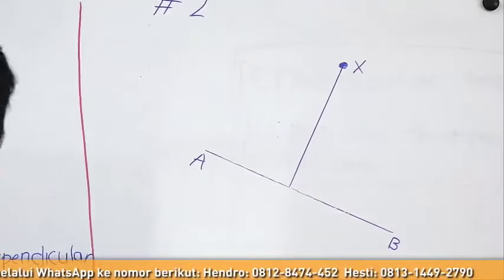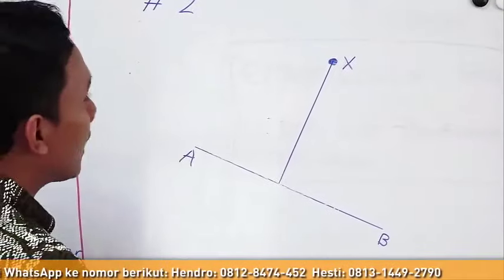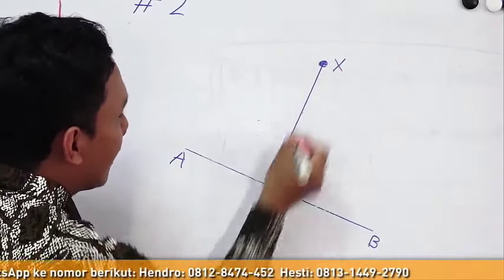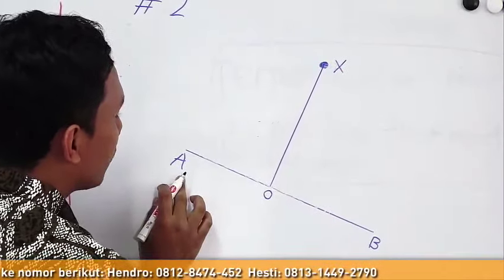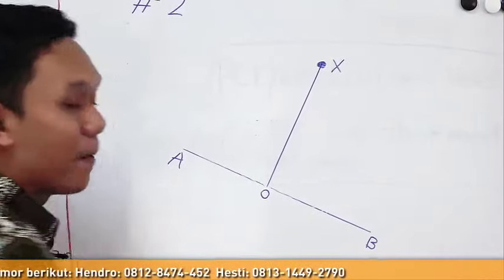And these are also perpendicular lines. Yeah, line XO is perpendicular to line AB.